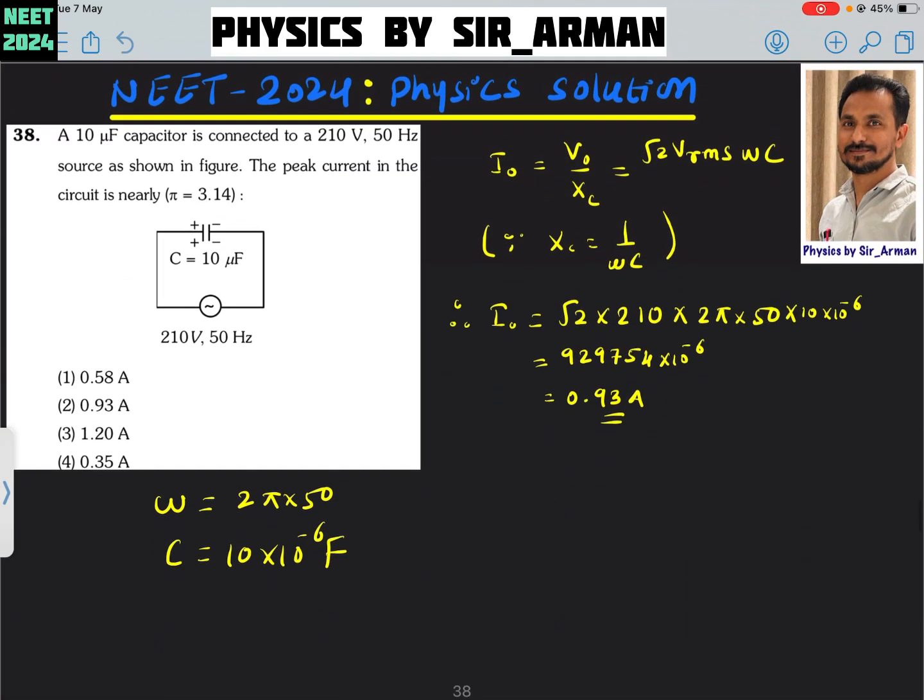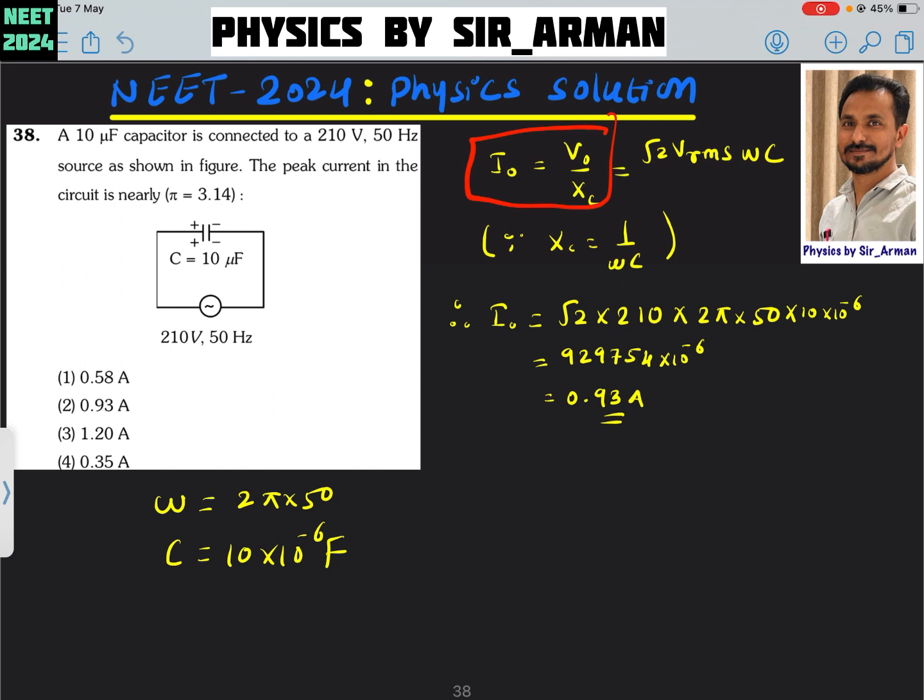Question number 38. A 10 microfarad capacitor is connected to a 210 volt 50 hertz source, the peak current. So for peak current we can use this equation directly. I naught is equal to V naught by Xc, where Xc is the reactance of the capacitor.